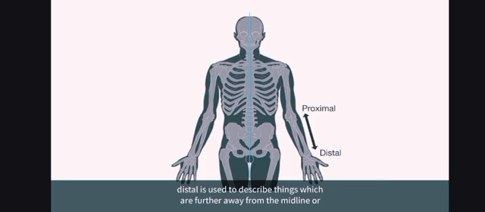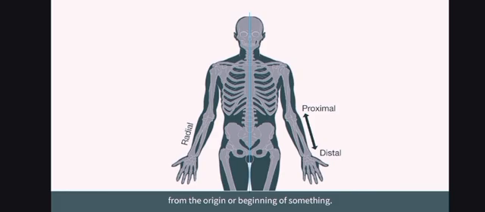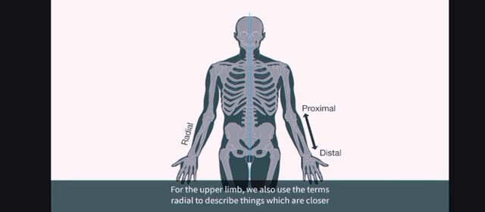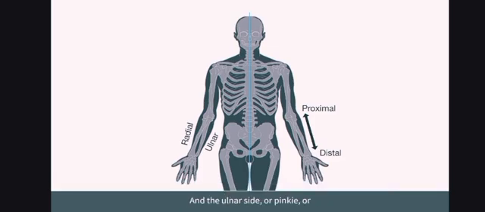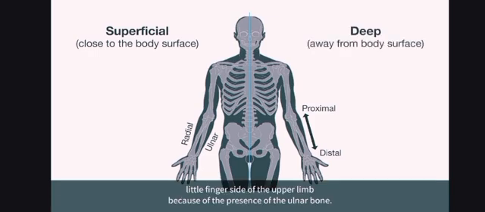For the upper limb, we also use the term radial to describe things which are closer to the thumb side because of the radius, which you'll learn about soon, and the ulnar side, or pinky or little finger side, of the upper limb because of the presence of the ulnar bone. We'll also use periodically the terms superficial and deep to describe structures which are superficial, close to the body surface, and deep, things which are further away.